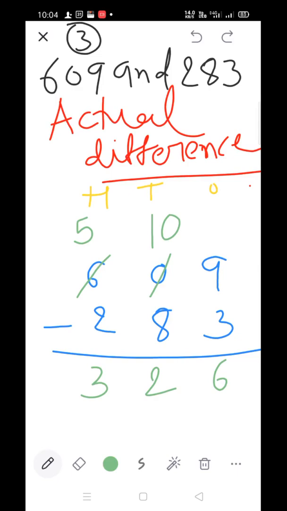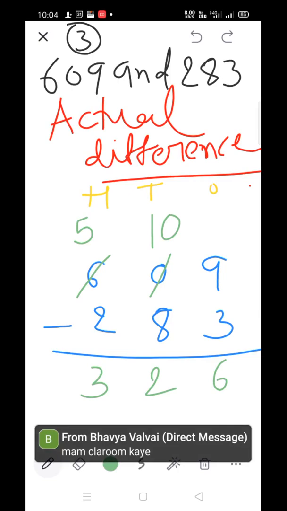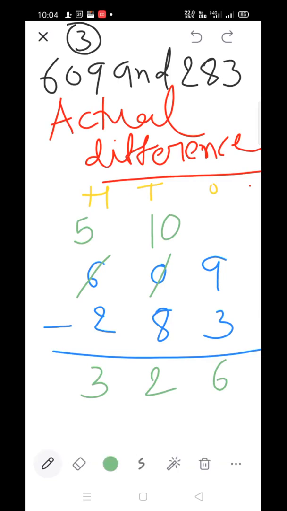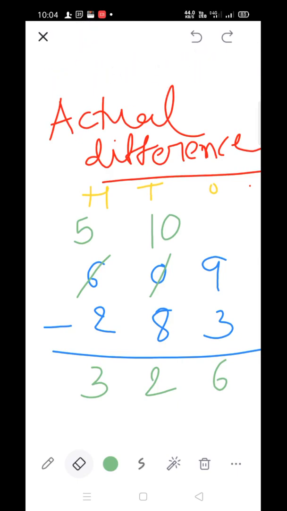Write down example number 4. Estimate the difference between 777 and 529. Mute yourself, otherwise leave the class.